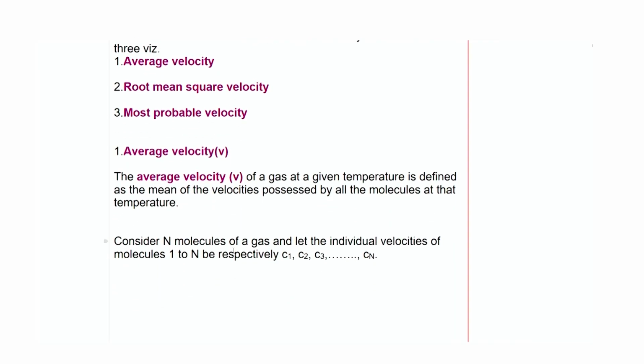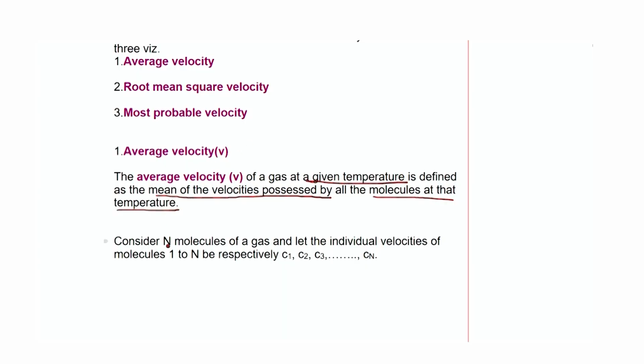Average velocity of a gas at a given temperature is defined as the mean of velocities possessed by all the molecules at that temperature. Just take the average. Take the velocities divided by their number of molecules.